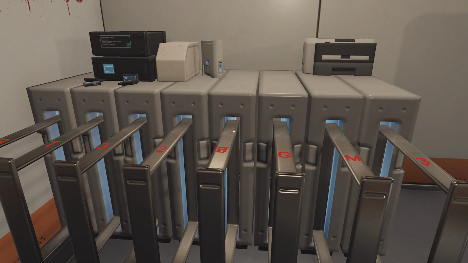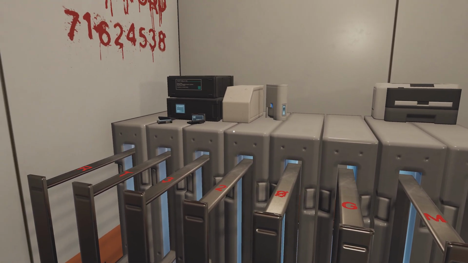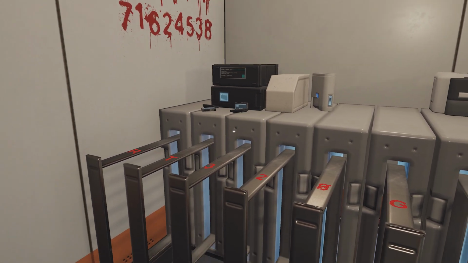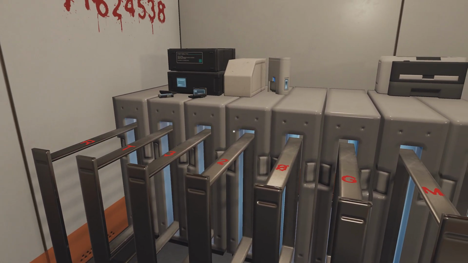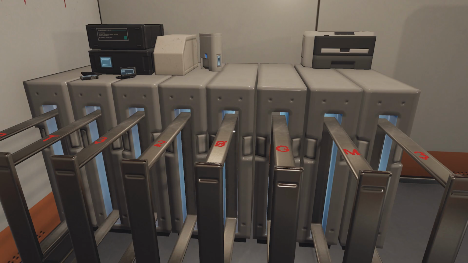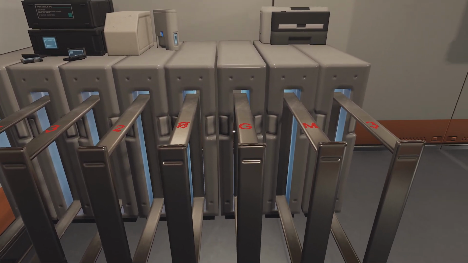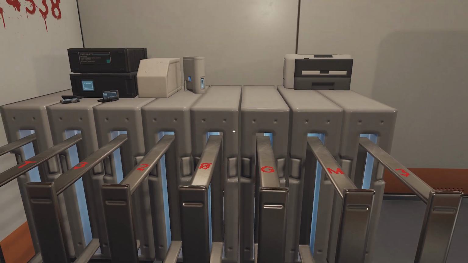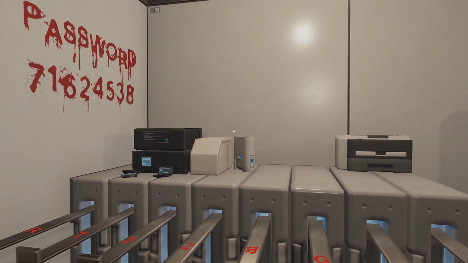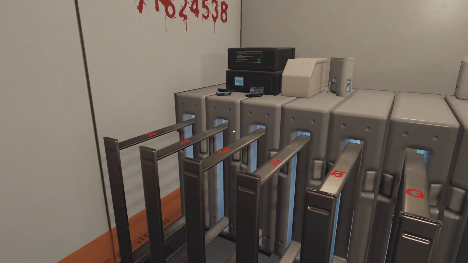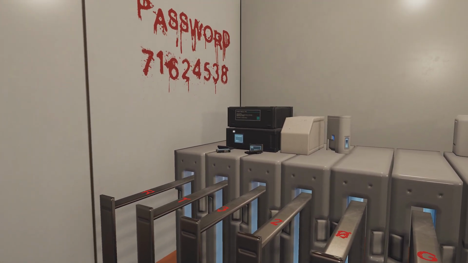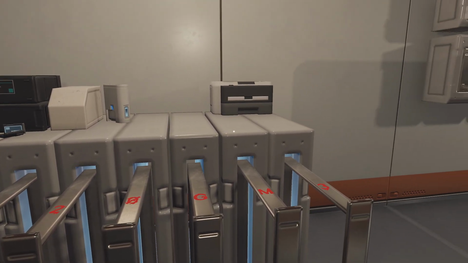Number 3 would be M. Then 7, 1, 6, 2, 4 would be 0. Which would make 5 G, which would make 716 would be 3, and 7 is R, and then 8 would be 3 again.